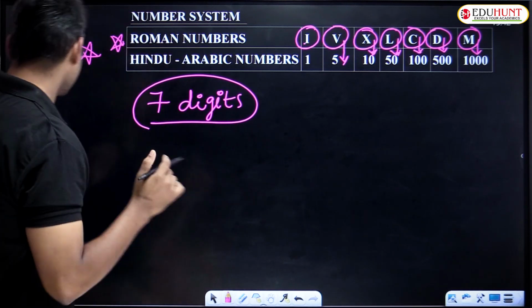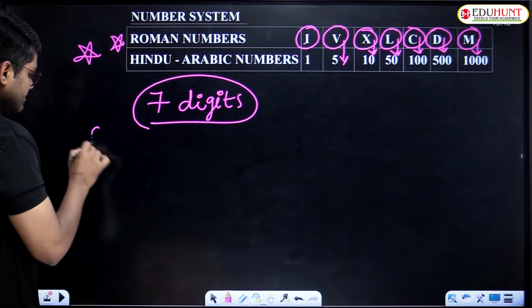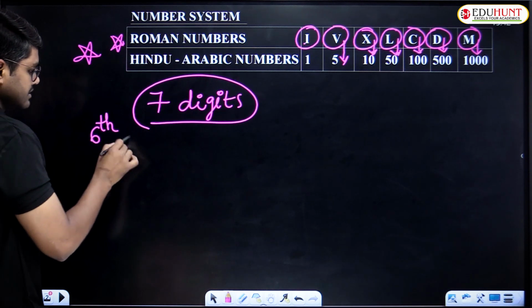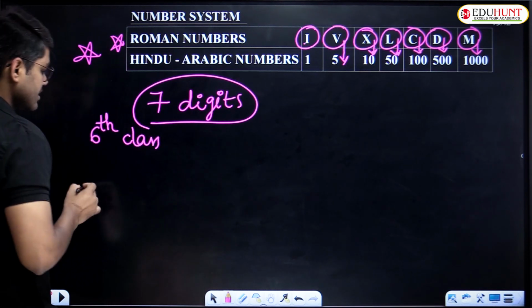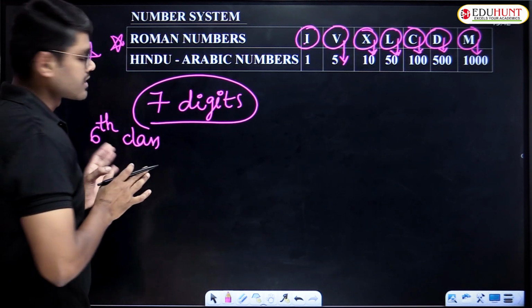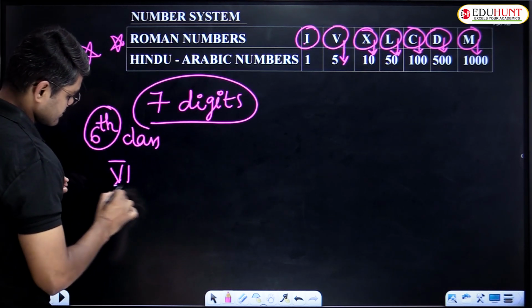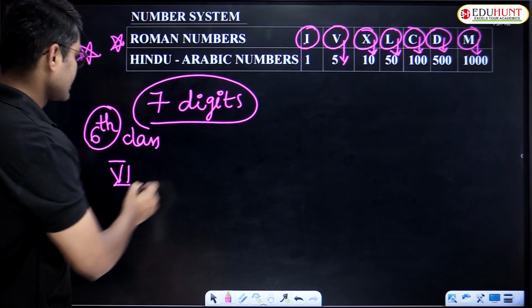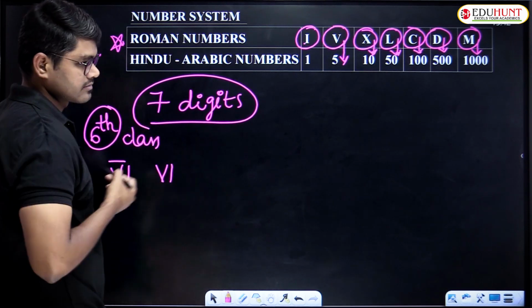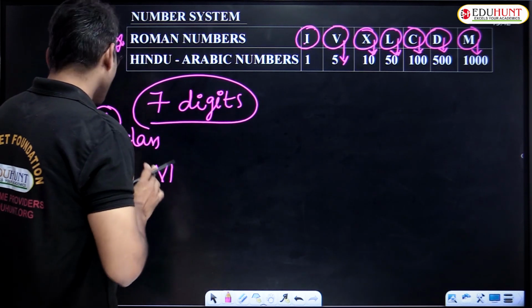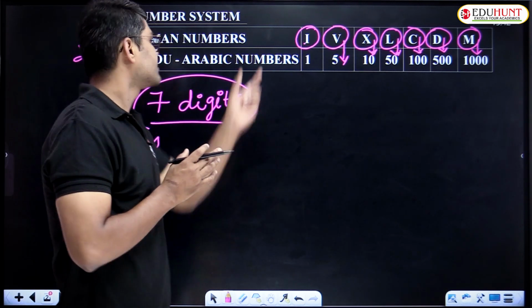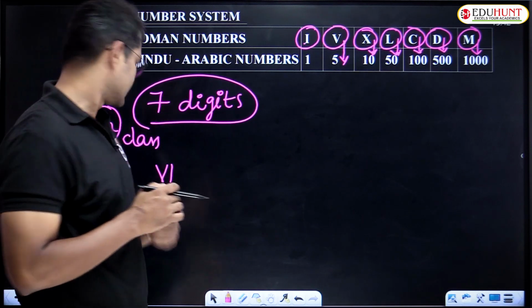While writing, say, 6th class, this is 6th class. By using Roman numerals, how do we write this 6th? We write like this, otherwise we write like this. See how we are going to form the numbers by using Roman numerals.